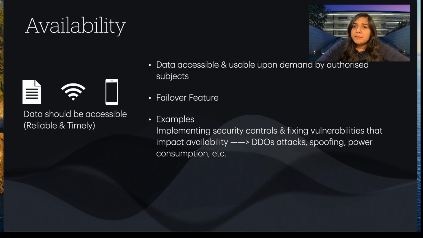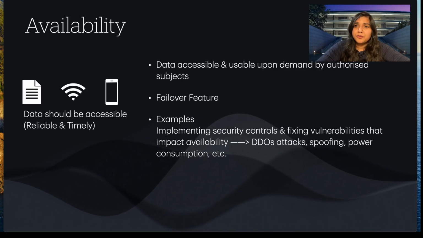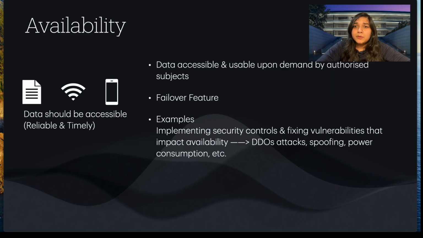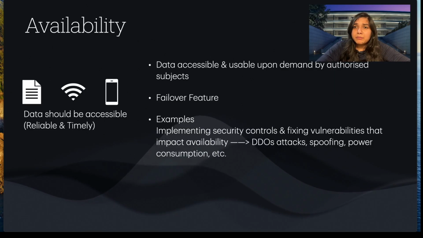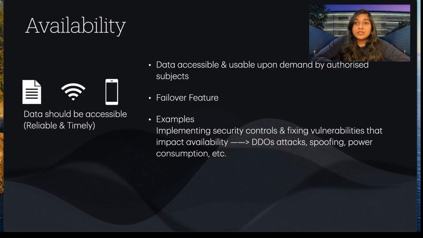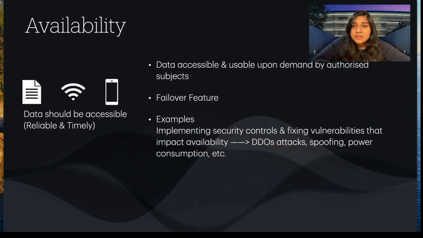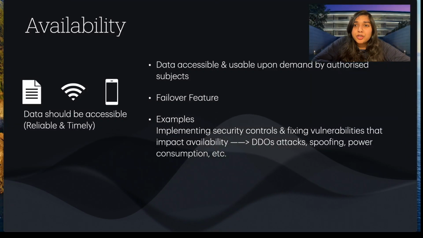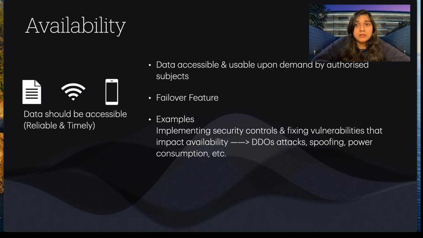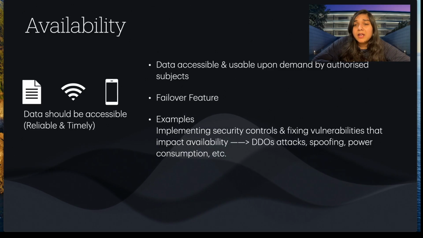It acts as a backup component when your software or hardware experiences any issues, which reduces downtime and minimizes the impact on availability. There are various ways to make sure your data is accessible, usable, and available.